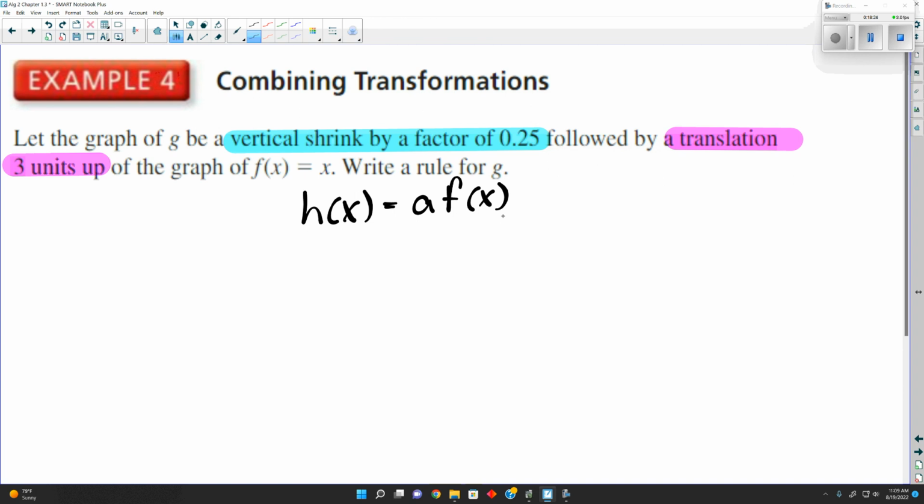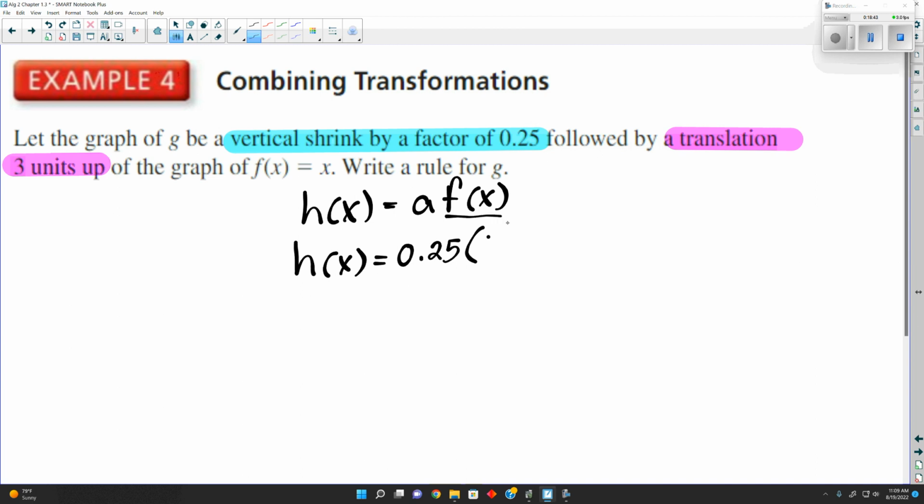Now for us here, our value of a is 0.25. So we'll put 0.25 in place of a. And for us here, f of x is what? 3.